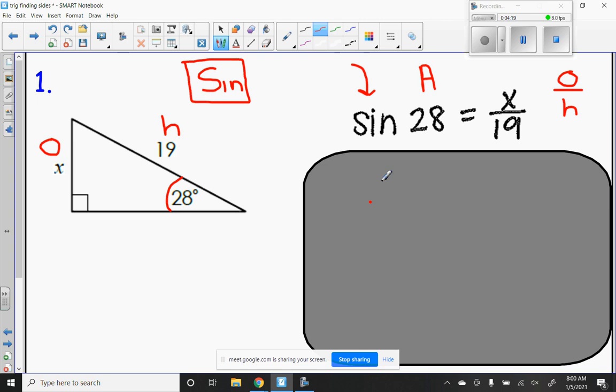So let me go ahead and show you how to do this. I don't know if you can see it very well. So 0.469 is what I use. I put this in my calculator, and out comes 0.469 equals x over 19.